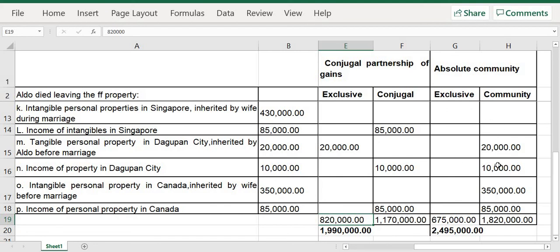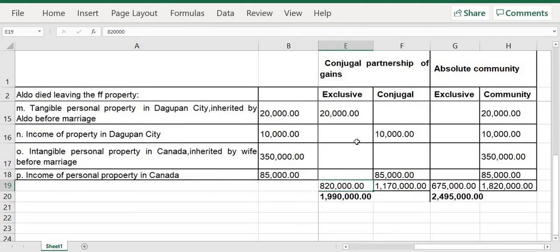Under absolute community property, the community property is worth 1,820,000. Okay. Now, because Aldo died, the gross estate is i-add mo lang sa exclusive and conjugal properties. Kaya mayroong 1,990,000 under conjugal partnership of gains. Ito yung gross estate ni Aldo. Under absolute community property naman, ito yung gross estate ni Aldo.